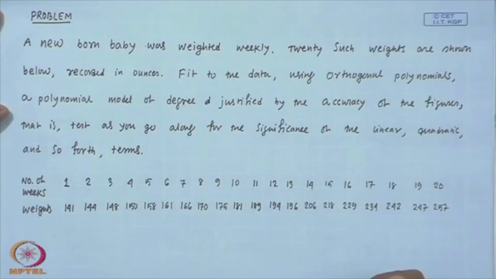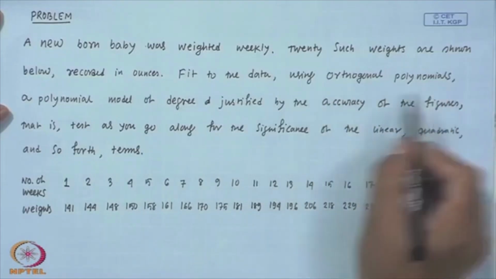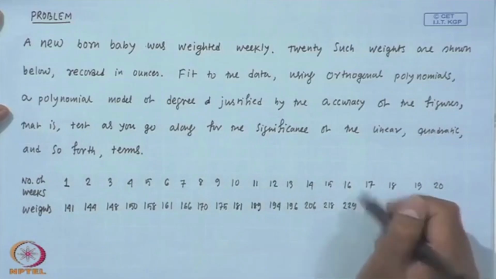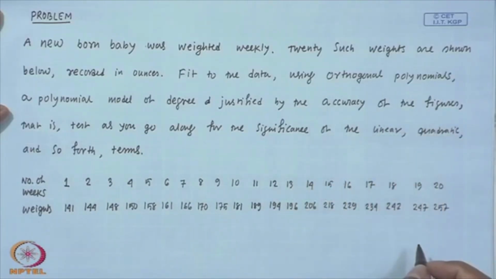If you draw a scatter plot for this one, I am sure that you are going to have a nonlinear pattern maybe. So, you fit to the data, using orthogonal polynomials, a polynomial model of degree justified by the accuracy of the figures.